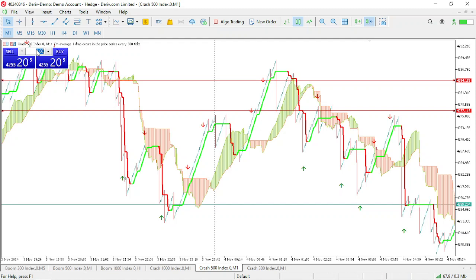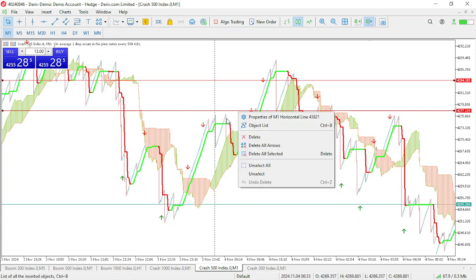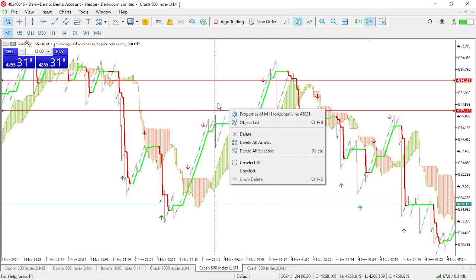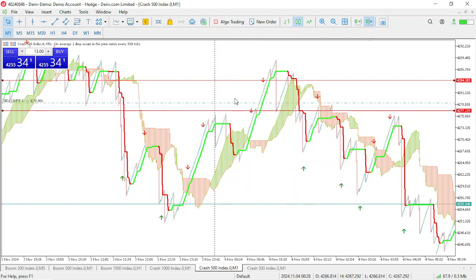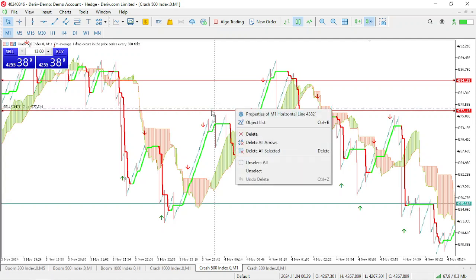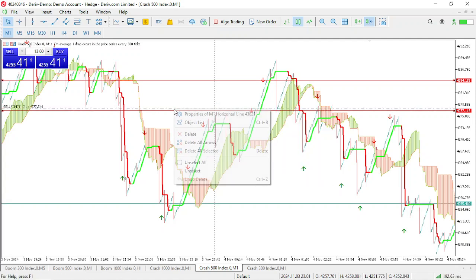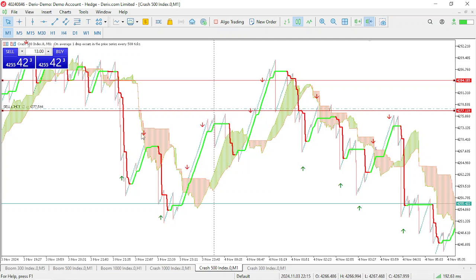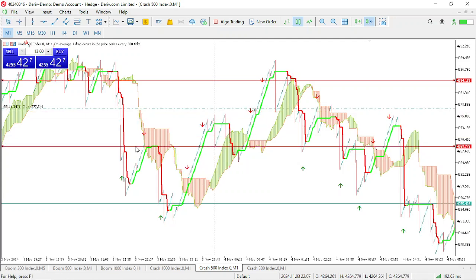So let's just go with a lot size of 13. The market wants us to use a 13, so we're going to use a 13. So we put the sell limit here. Let's modify that.